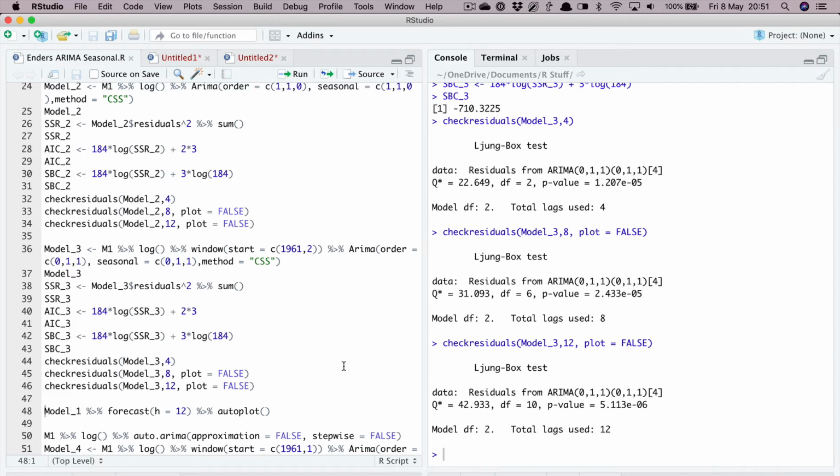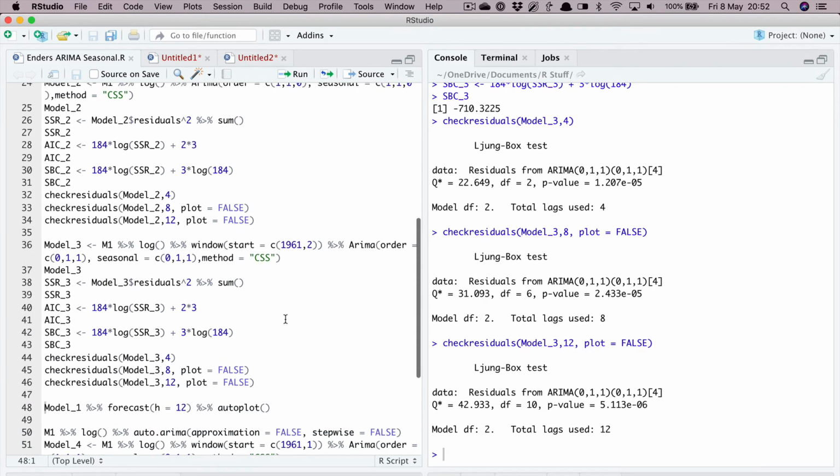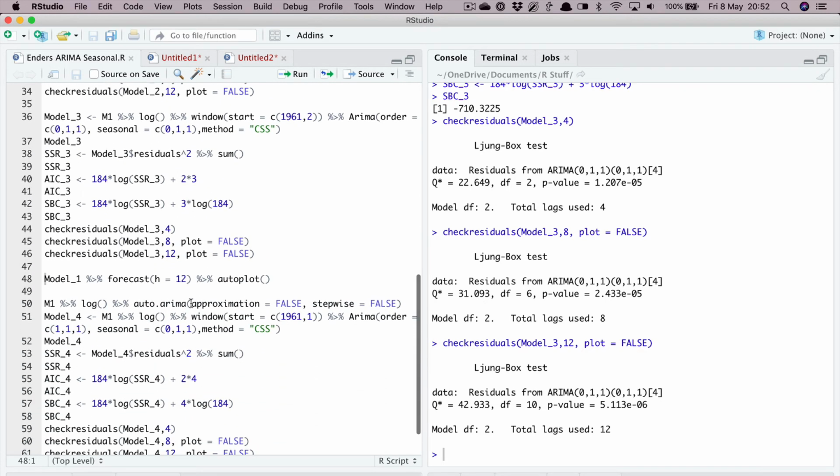So let's forecast from that model. Now remember I looked at this in the previous video. You can easily do this if you've used the forecast package and the ARIMA function. It's very easy because you can simply put the model results here.